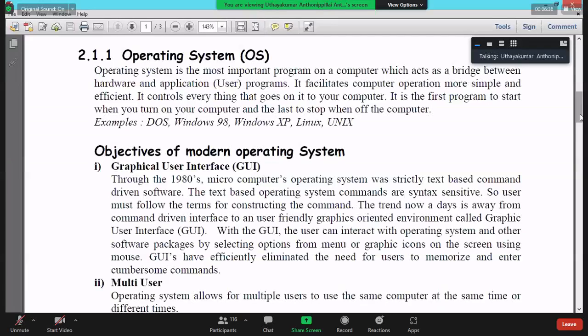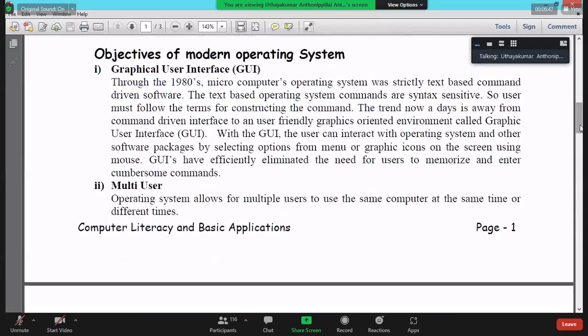Now the objectives of a modern operating system. What is the objective of an operating system? First one, GUI, graphical user interface. In the 1980s, microcomputer operating systems were strictly text-based, command-driven software.